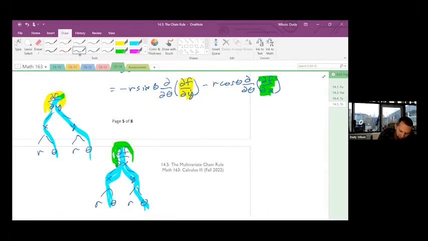So all this stuff is going to be equal to minus R sine theta. And now we need that yellow formula, if you will.